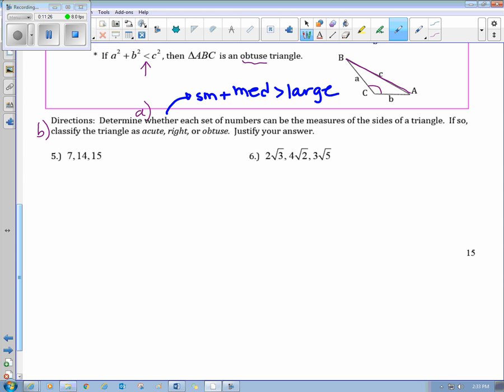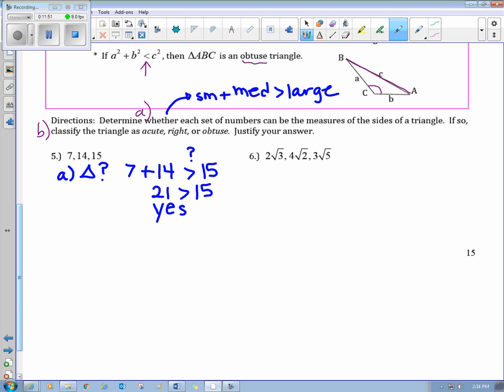So when I look at that, my first part A to test whether or not it's even a triangle is to take the small side plus the medium side and test to see if it's really bigger than the large side. So clearly here we have 21 is greater than 15, so our answer to this question is yes, we have a triangle. Then they say classify the kind of triangle.